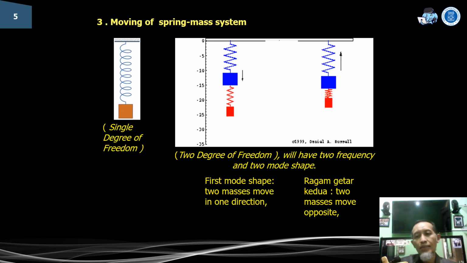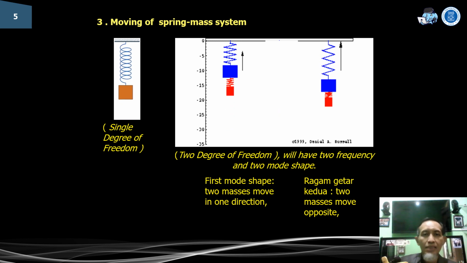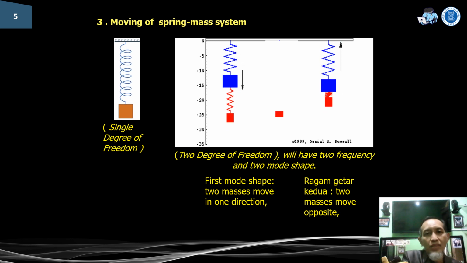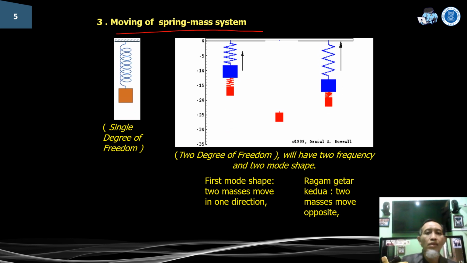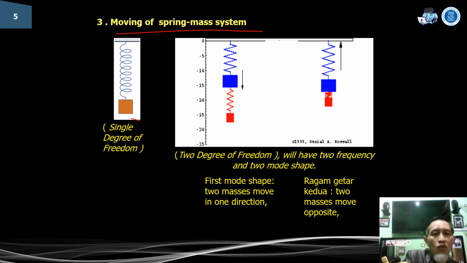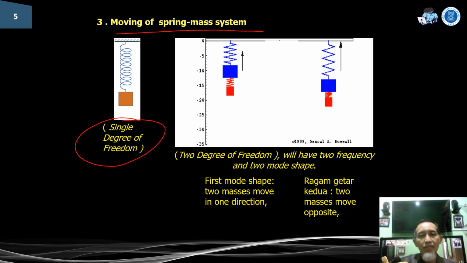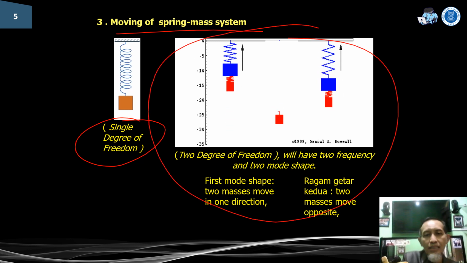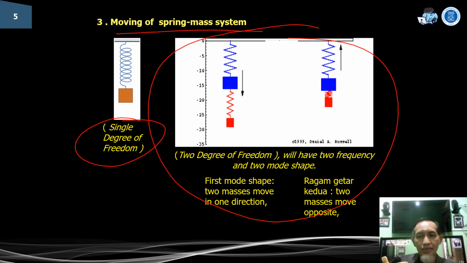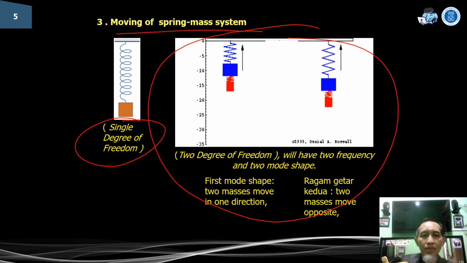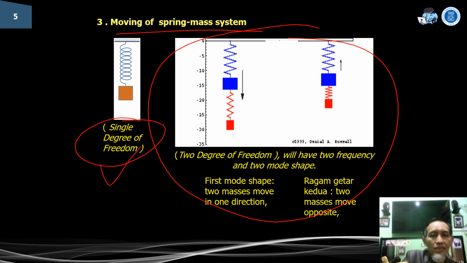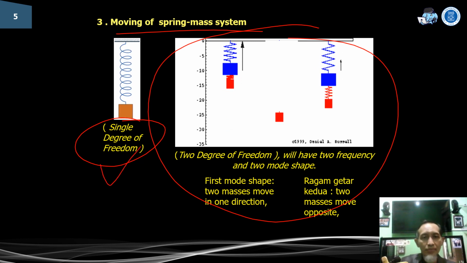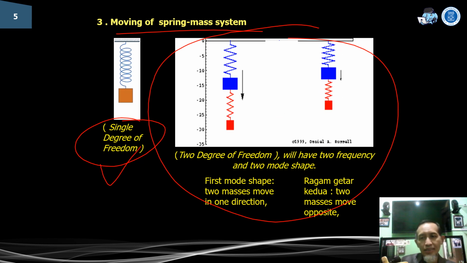Okay, the third example is about a moving spring mass system. This is a single degree of freedom example, and this is a 2 degree of freedom case. For single degree of freedom, we have only one frequency.